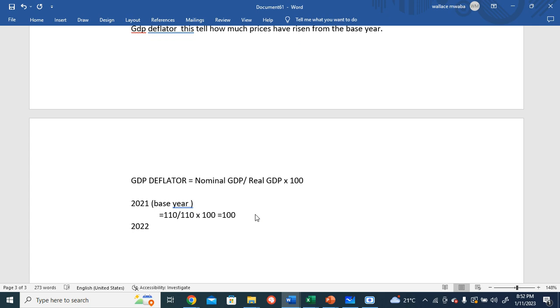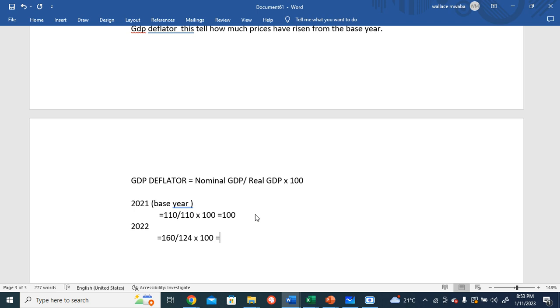Then we find the GDP deflator for 2022, again nominal GDP over real GDP. Our nominal GDP for 2022 was 160 million divided by our real GDP, 124, times 100.